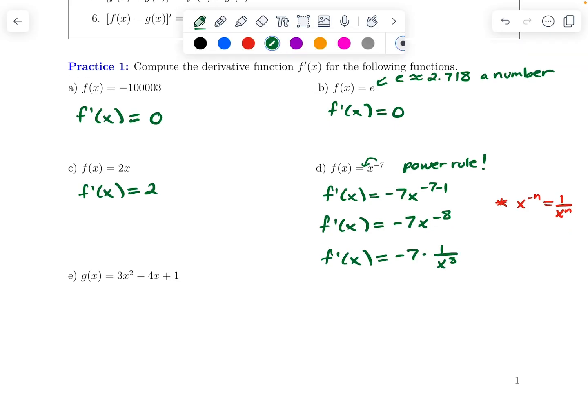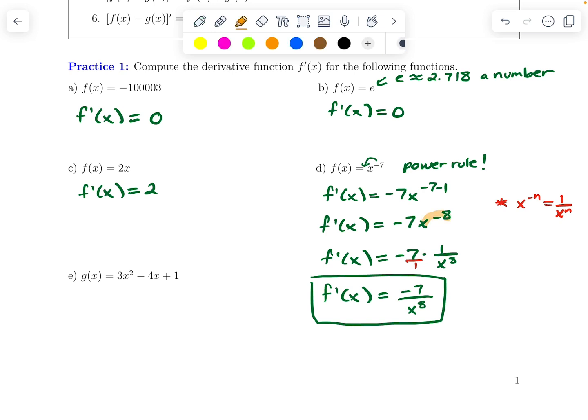And so if you put this negative 7 over 1 and multiply across, we get that the derivative is equal to negative 7 over x to the 8th. Okay, and just to recap, I just rewrote x to the negative 8 as 1 over x to the 8 using our exponent rules here.